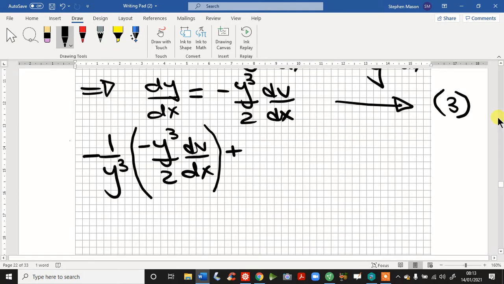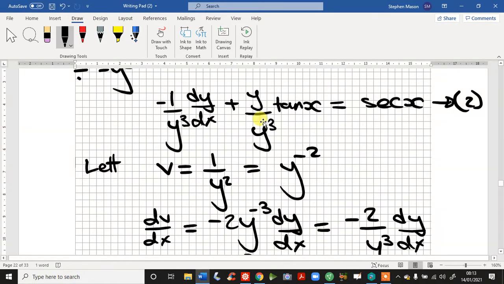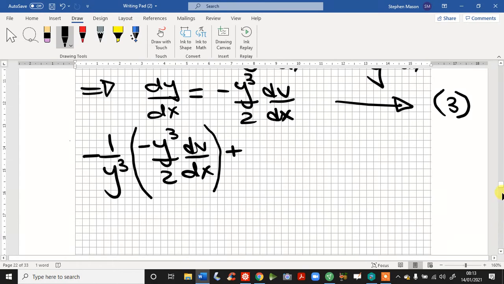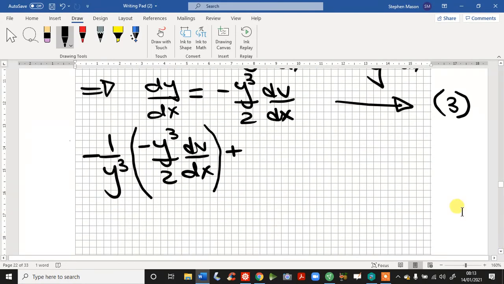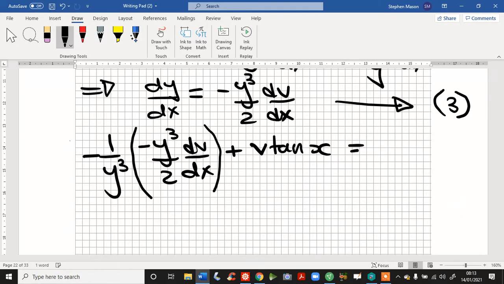If we go back to equation 2, we had y over y cubed. That is the same as 1 over y squared. So we've got 1 over y squared times tan x, but we need to substitute in something for the 1 over y squared. Well, we know what that is, it's equal to v. So we've got v tan x equal to sec x.